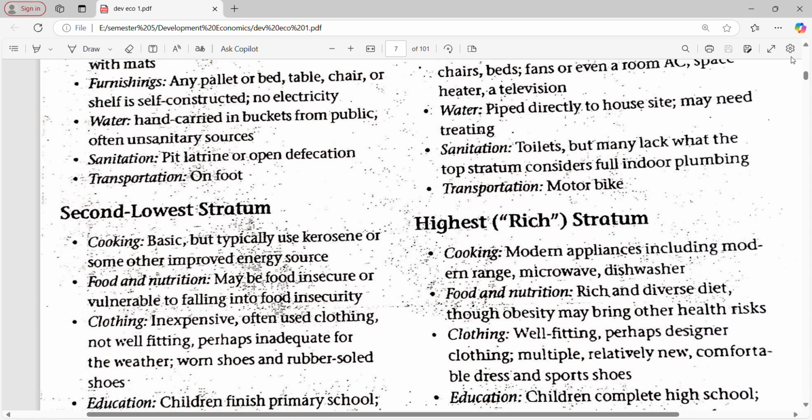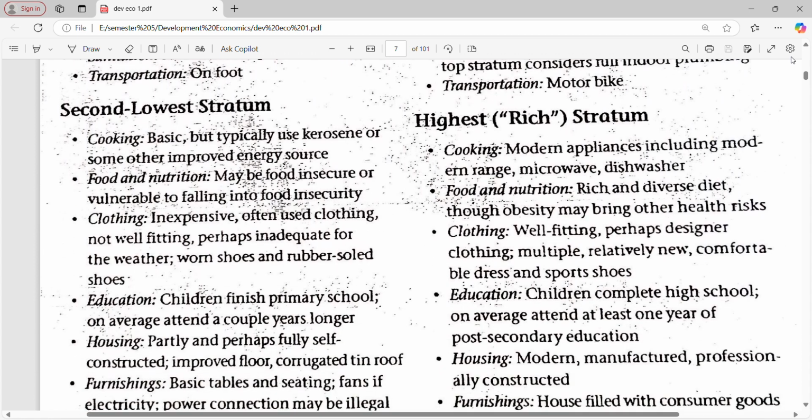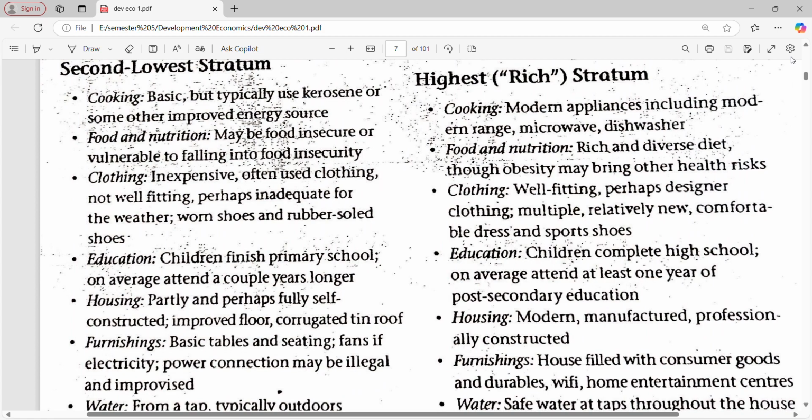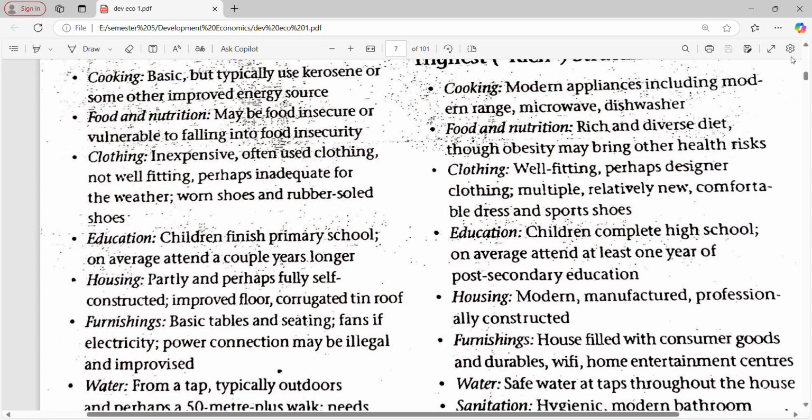So next you have the second lowest stratum. This includes individuals living on about $3.8 per day. Around 3 billion people fall into this category, often residing in urban or peri-urban areas.